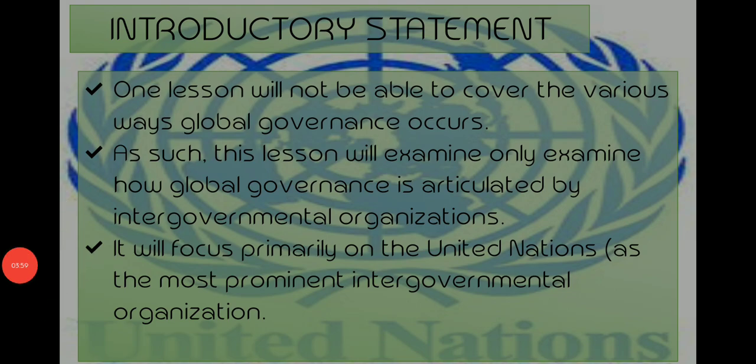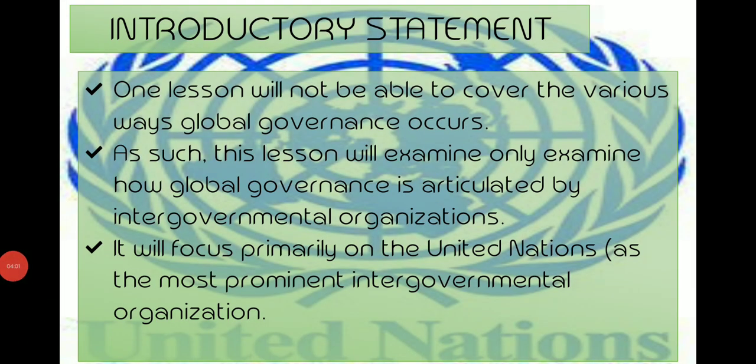So, in this lesson, pag-aaralan natin kung paano ba nagkakaroon ng order, ng peace and stability yung iba't ibang bansa to settle their disputes and disagreements, and how these intergovernmental organizations help in examining the behaviors of different countries.